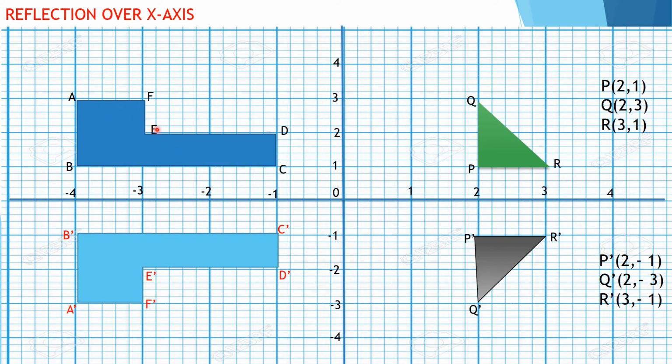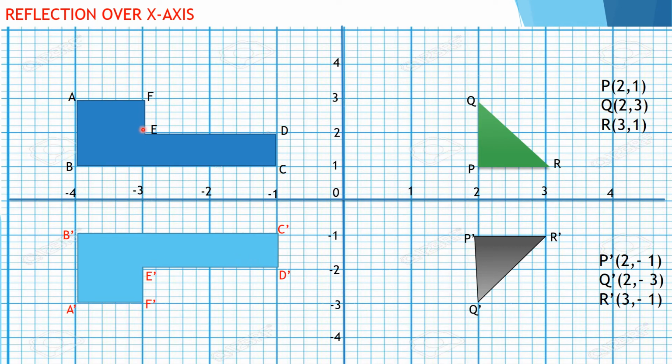If we take the reflection of this hexagon over the x-axis, this is -4, 3, so it will now be -4, -3. And B, which is -4, 1, will now be -4, -1. And C, which is -1, 1, will now be -1, -1. And D, which is -1, 2, will now be -1, -2. You take the negative of the y's.